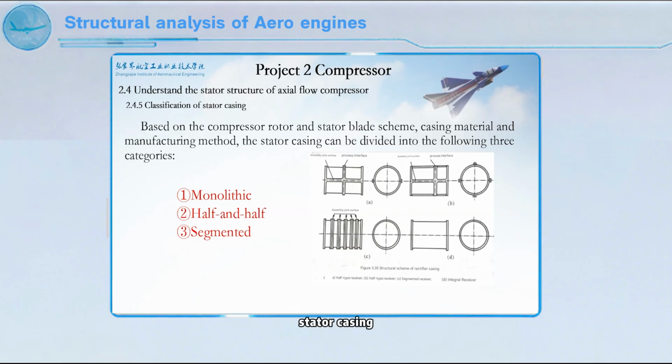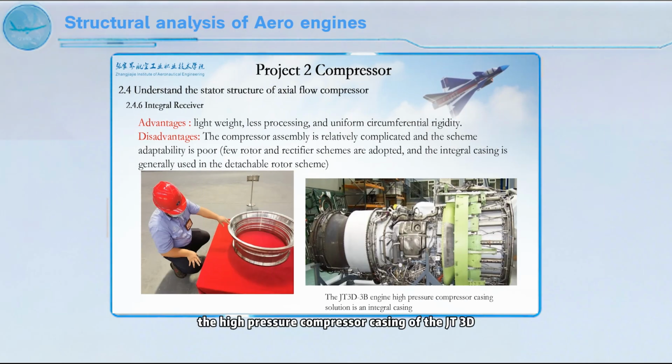The compressor stator casing can be divided into the following three categories. The first category is the integral casing, the second type is the half-type casing, and the third type is the segmented casing. As shown in the figure, the high-pressure compressor casing of the JT3D-3B engine adopts an integral casing.